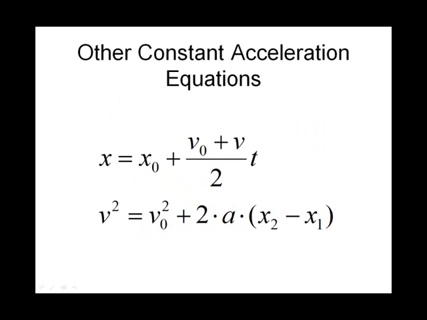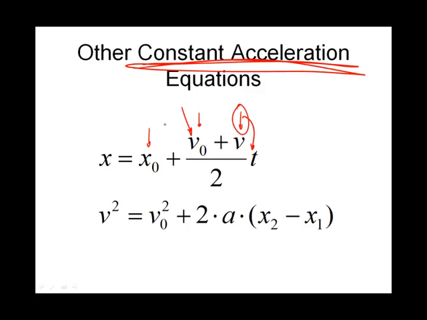Some other equations you'll see, and again, these are only when the acceleration is constant. If I don't have a constant acceleration, these equations are not valid. And this basically is position equals initial position plus my initial velocity plus a later velocity. This is the velocity at this time t. So at a later time t, this is the velocity I have.